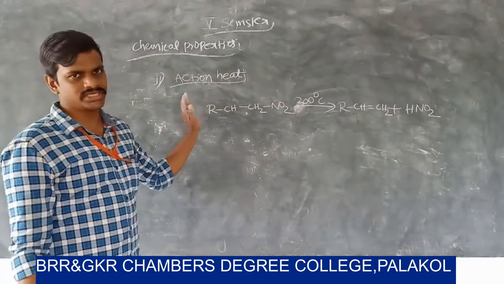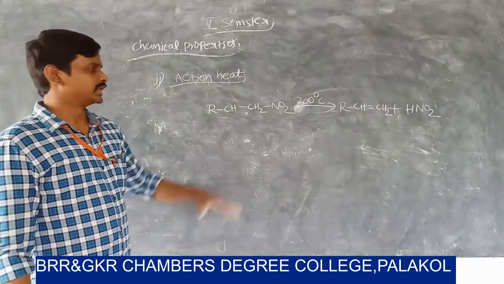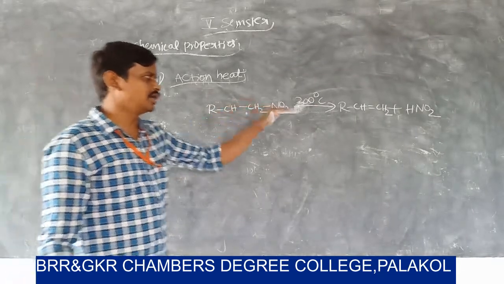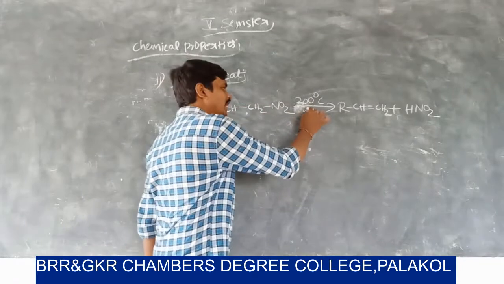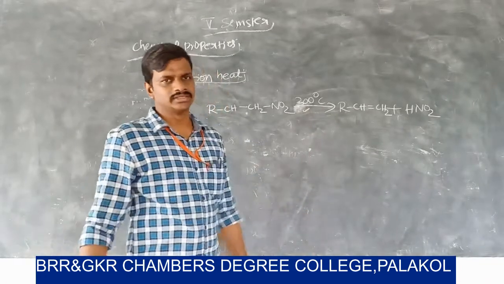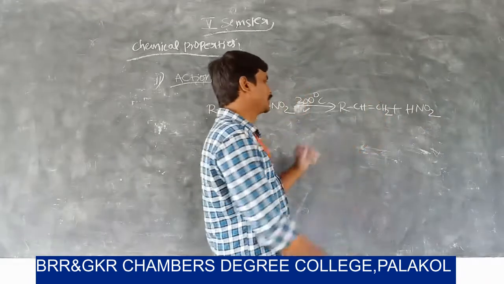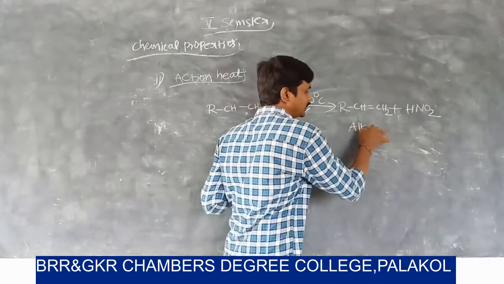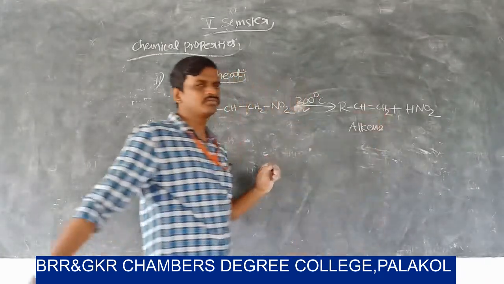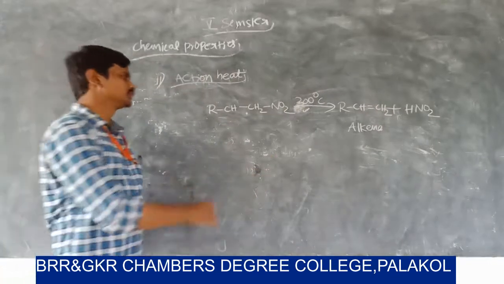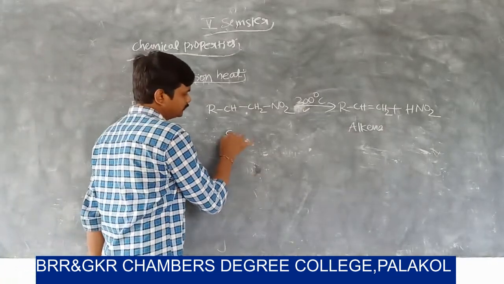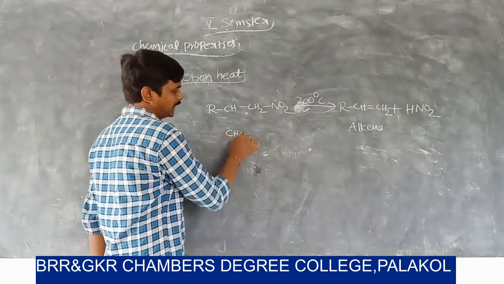The second reaction is action of heat. Nitrohydrocarbons on heating at 300 degrees centigrade lose nitrous acid with formation of an alkene. This action of heat is only for long chain nitrohydrocarbons.